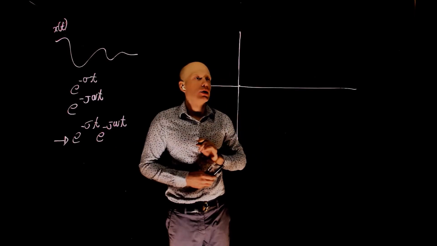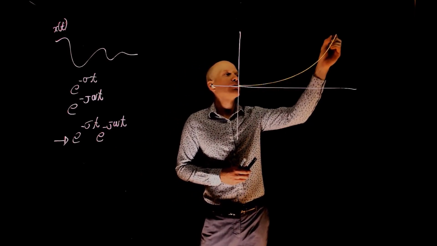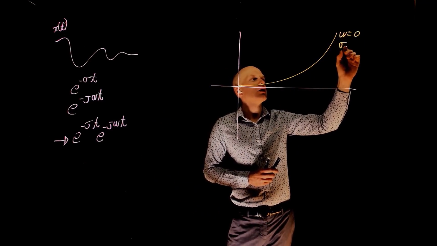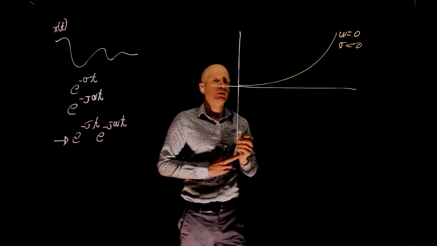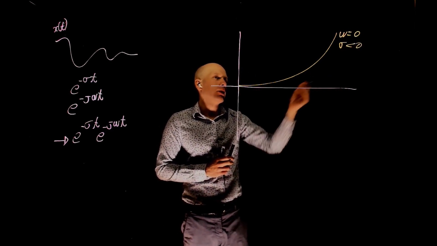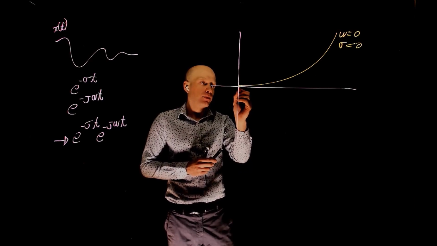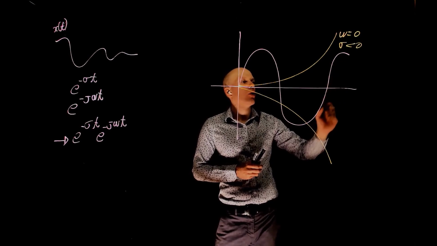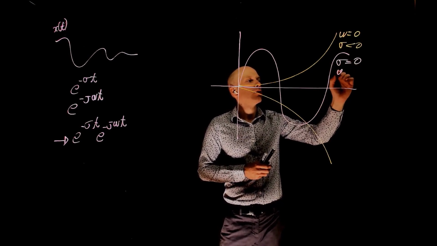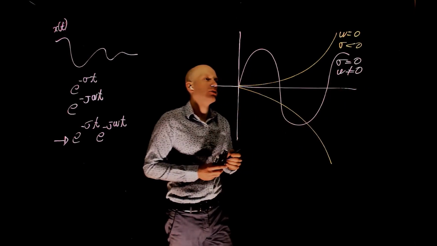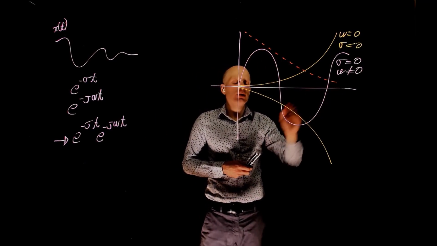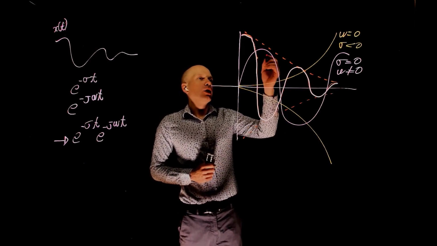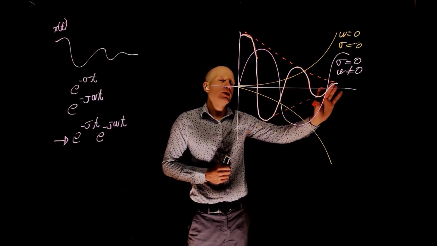If you now take this signal, we can go from exponential waveforms only, when, for instance, omega is 0 and sigma is smaller than 0, to a sinusoidal waveform when sigma is 0 and omega is different than 0, to now combinations of them, such as this one, a combination of a sinusoidal and an exponential waveform.